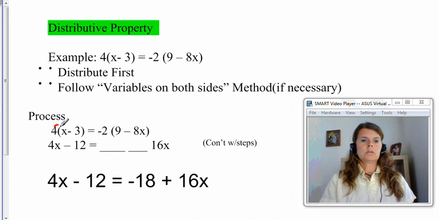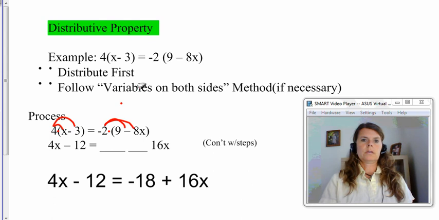We're going to distribute the 4 because 4 is out front, and this means times. And we're going to distribute the negative 2, because again this is times. So negative 2 times 9, and negative 2 times negative 8x.